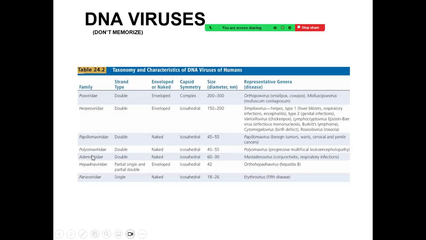The papillomaviridae, I'm not going to talk about that family. I'm not going to talk about adenoviridae. Let me talk about a little bit of that one now. This family is a family of viruses that actually cause the human colds. There are 3 families of viruses that cause the human cold.